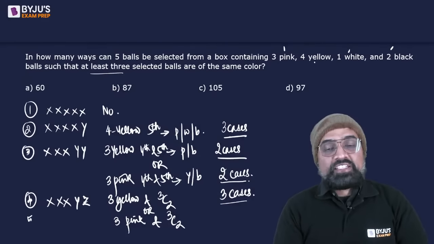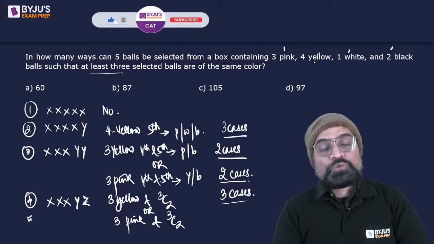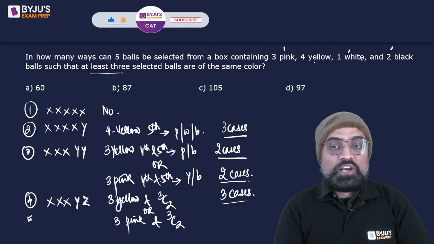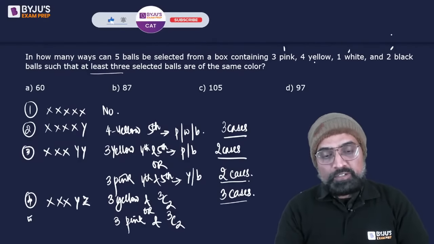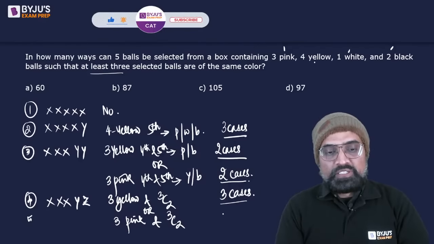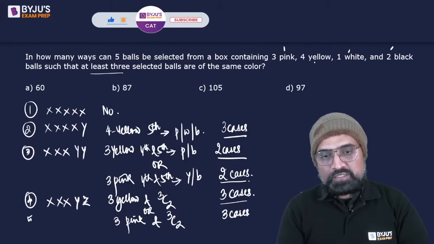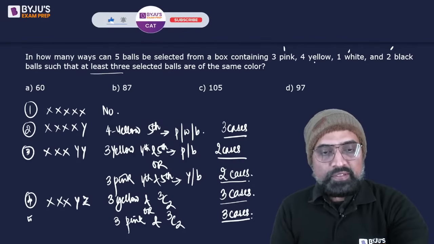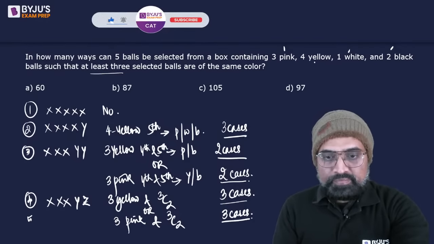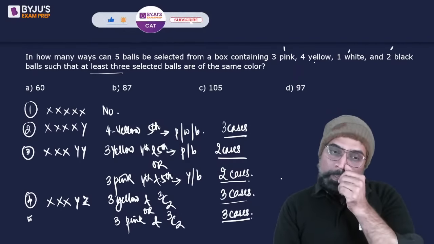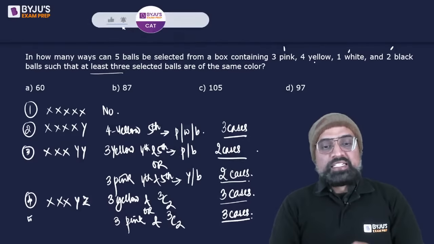As in if I take 3 pink, then the remaining 2 balls could be from yellow, white and black, these 3 colored balls, right? So this is going to be 3 pink and 3C2, which is going to give us another 3 cases. Is it clear so far?